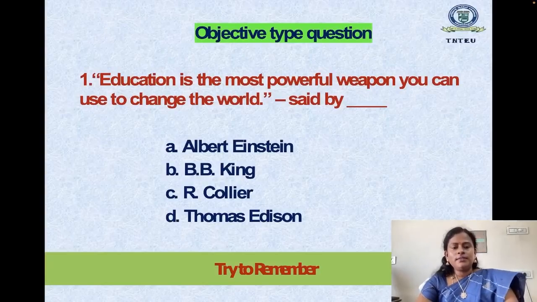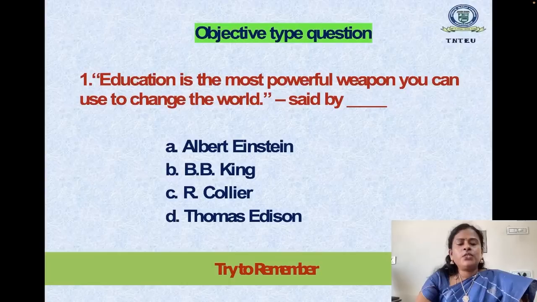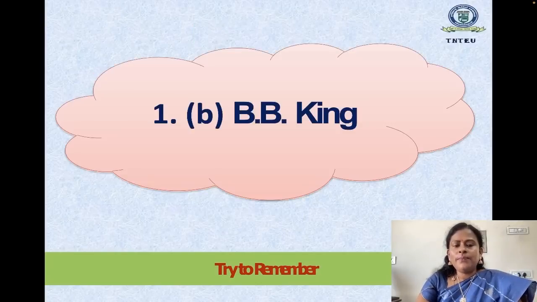Objective type questions. First question: Education is the most powerful weapon you can use to change the world, said by dash. Options: option A, Albert Einstein; option B, B. B. King; option C, R. Collier; option D, Thomas Edison. Try to remember.